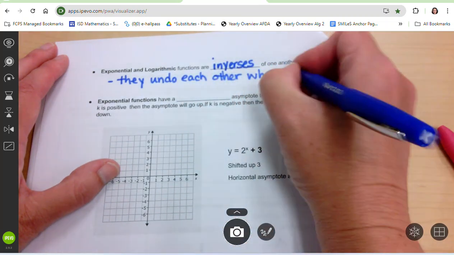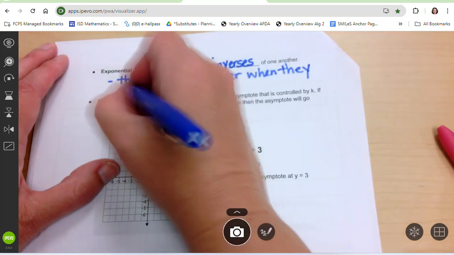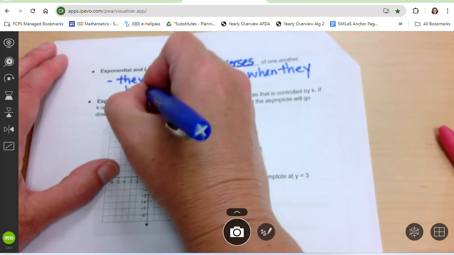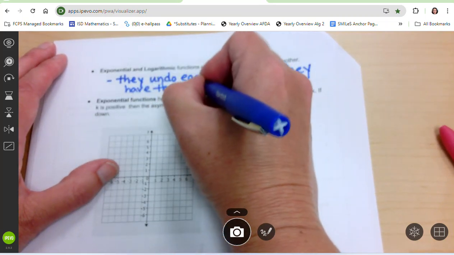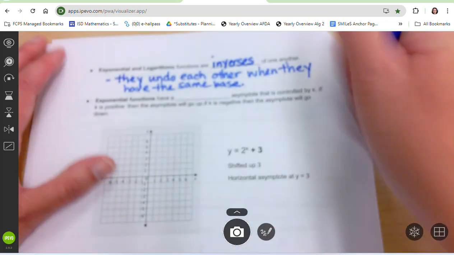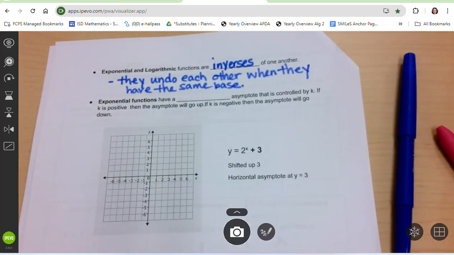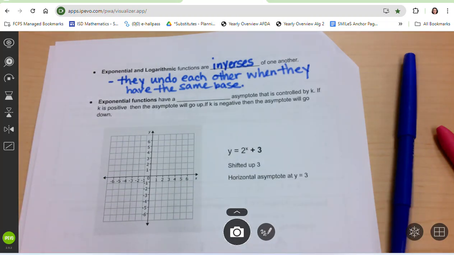You'll learn more about that when we study logarithms in depth, not next unit. But you'll notice that exponential functions and logarithms kind of look alike, except that exponential functions have a horizontal asymptote.